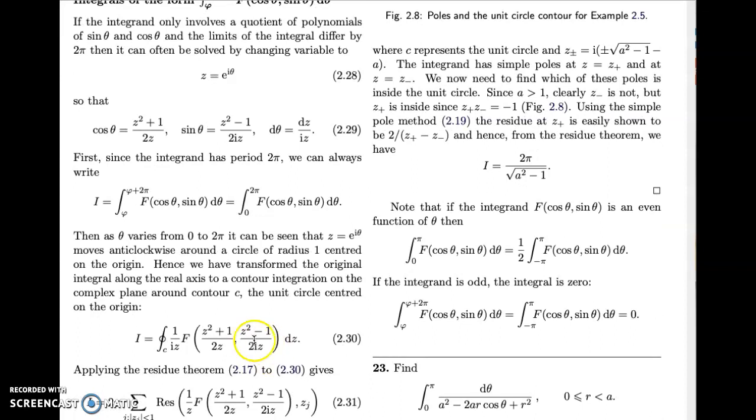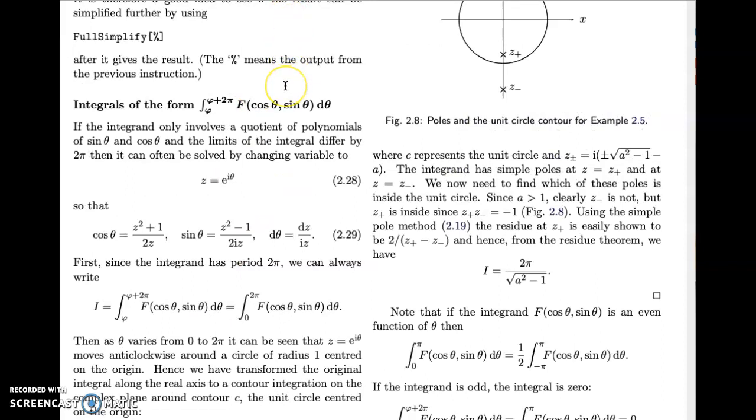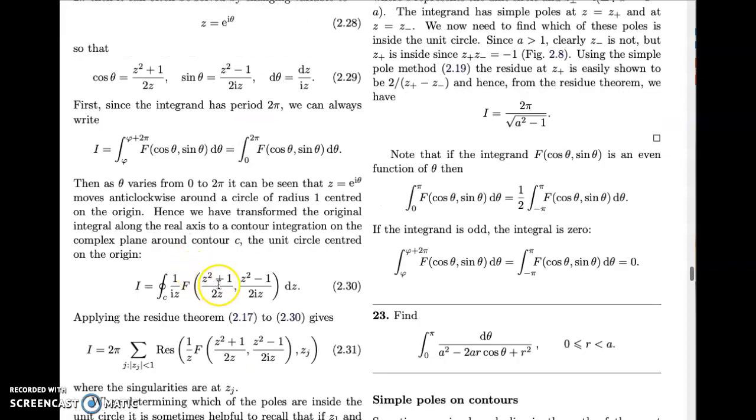So again, this is something you shouldn't really try to remember. You should derive these each time, or write them down each time. But basically, we've converted the integral we wanted, this one, into this form. And then, again, this is a formula you shouldn't try to remember. You should effectively derive it each time, which is not difficult.